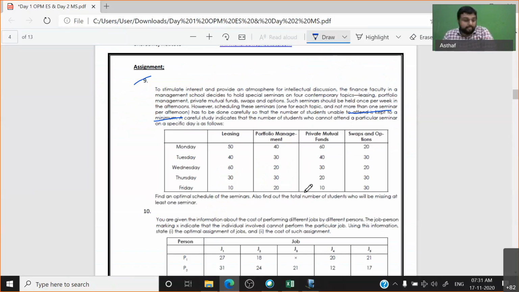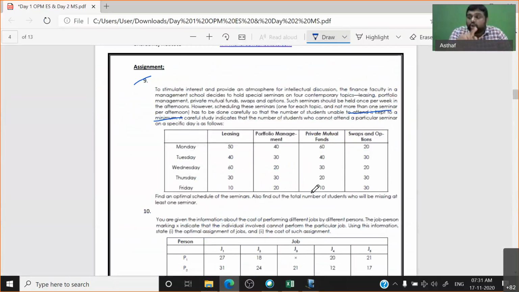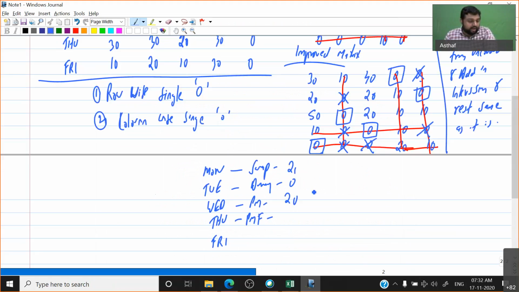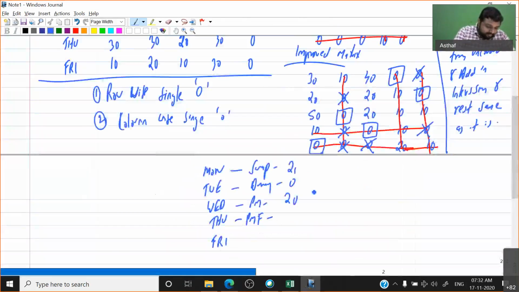Thursday will go to the private mutual fund. For taking the value, you have to take it from the question. Thursday we are allocating in the third one, so we will have 20 again.